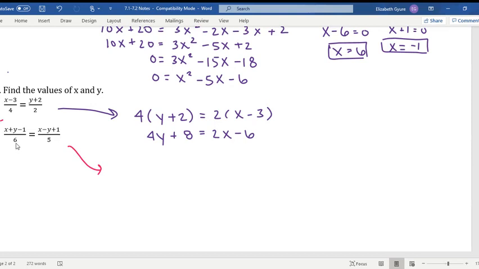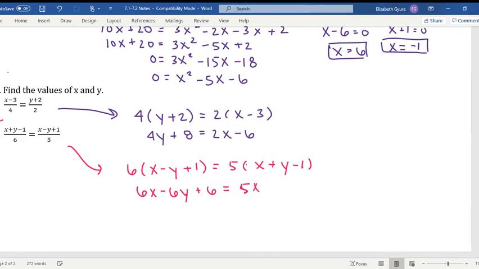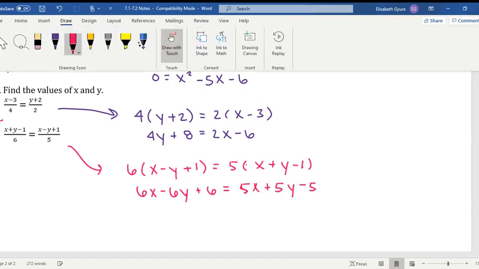I'll keep it consistent. I went from the bottom to the top, but it really doesn't matter. You're going to have 6 times x minus y plus 1 equals 5 times your quantity x plus y minus 1. So that's going to give you 6x minus 6y plus 6 equals 5x plus 5y minus 5.